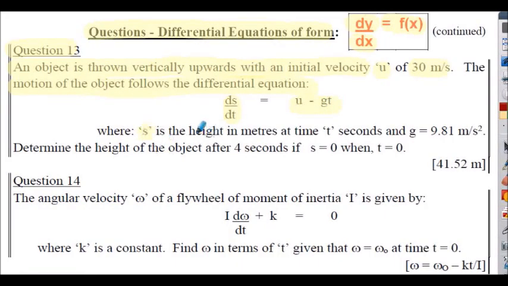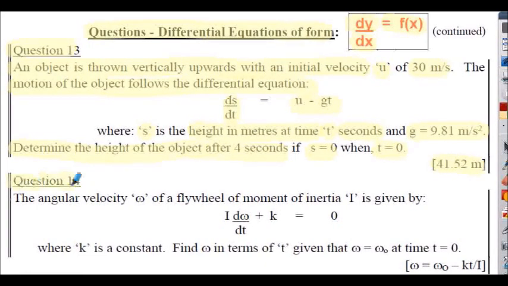We're informed that s is equal to the height in meters at time t seconds, and g is 9.81 meters per second squared. We've got to determine the height of the object after 4 seconds if s is equal to 0 when t is equal to 0. Answer shown in the bracket on the right hand side here.